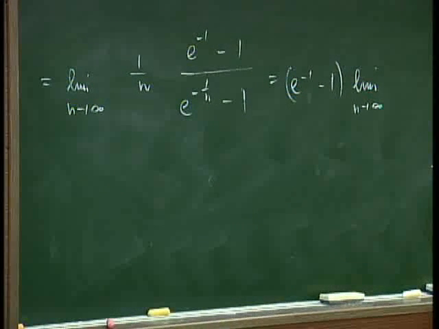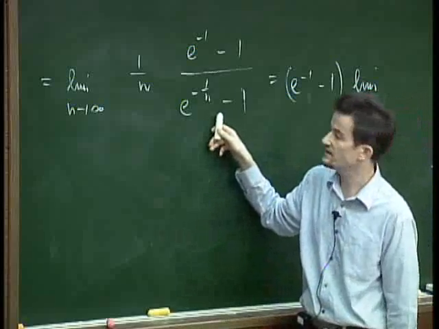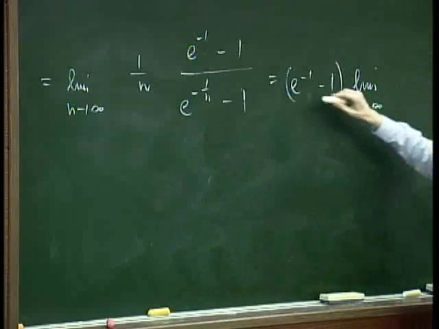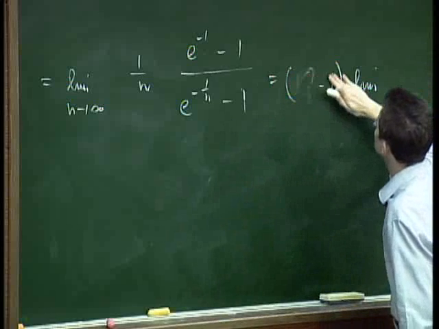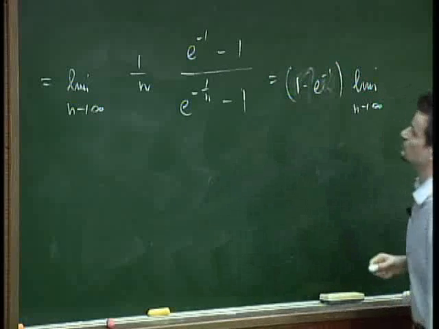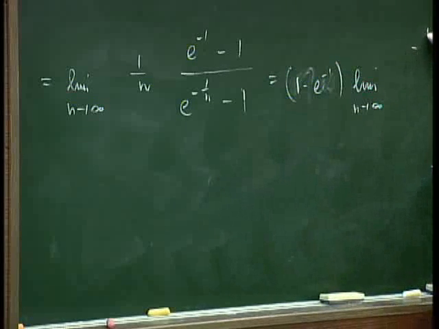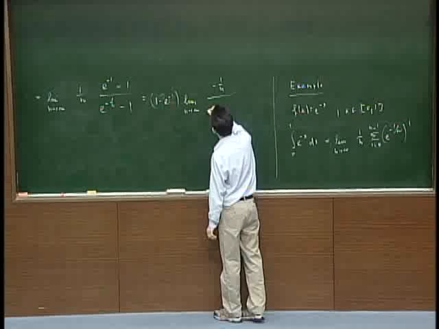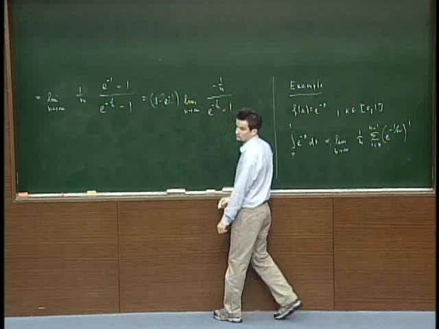It's maybe better to write this as 1 minus e to the minus 1, because then what remains is minus 1 over n over e to the minus 1 over n minus 1.